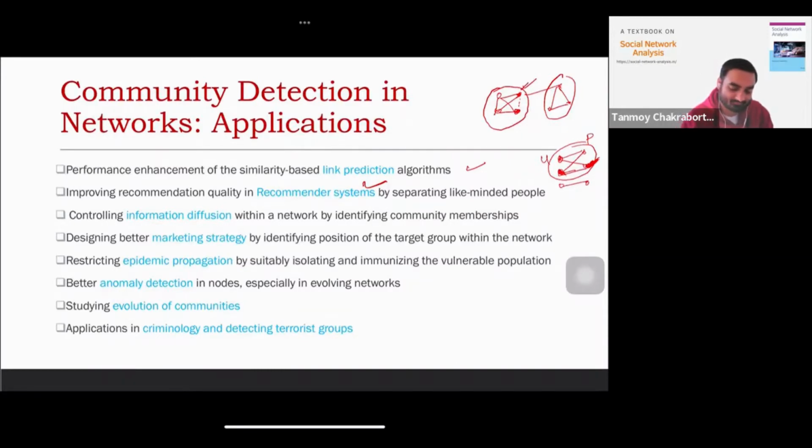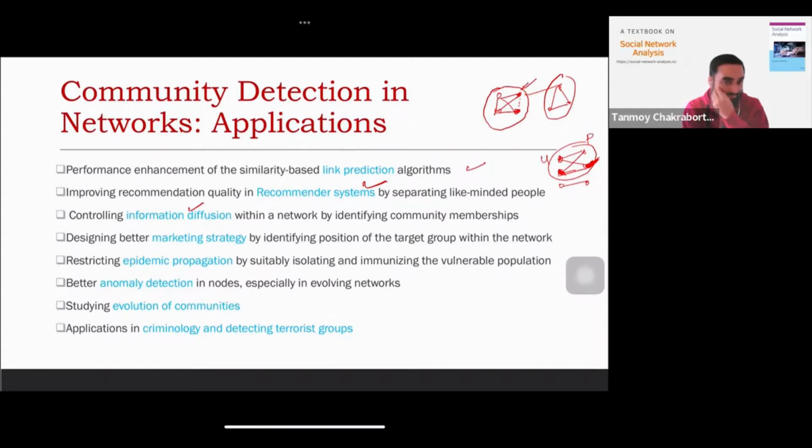Now information diffusion, the application I might have discussed earlier, is when a particular information spreads over a social network. Information can be a hate speech or a fake news or any message.